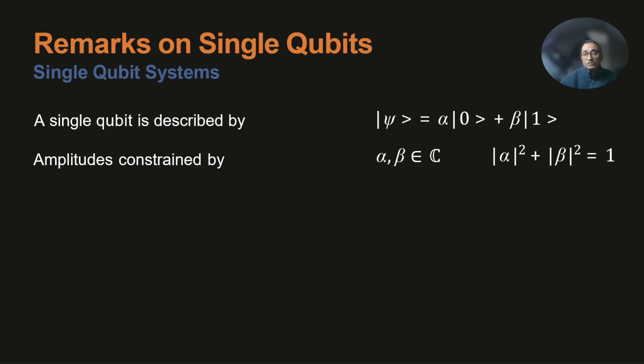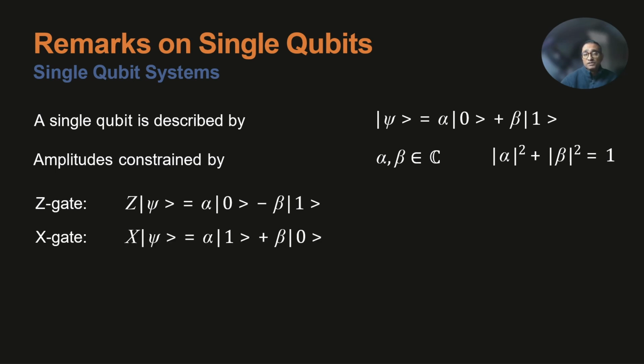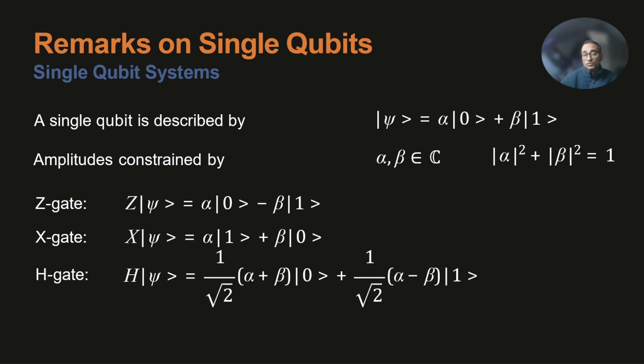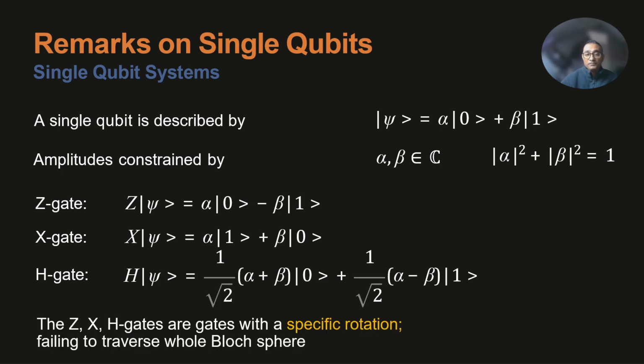Now, we already know how a single qubit is described. It is constrained by its amplitudes, where the squares of the amplitudes must add up to 1. We have also seen the Z gate and its application, and so forth. We will not delve deeper into this now. If you want to know more, please watch the previous video lectures on this topic. The idea to derive here is that their capability is quite limited.